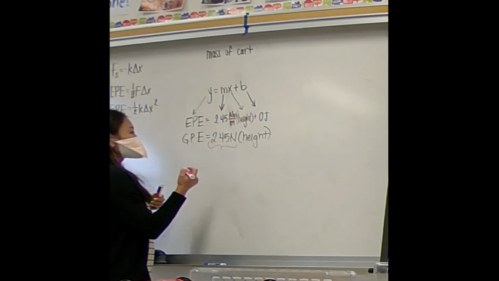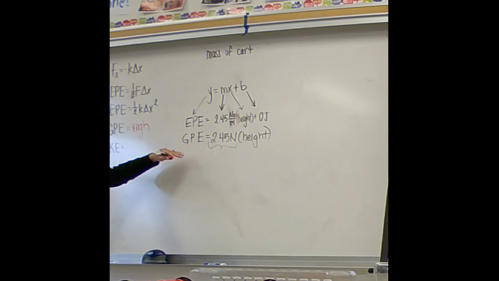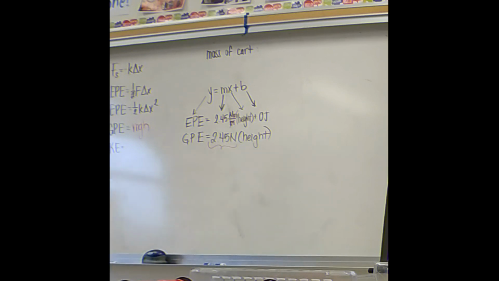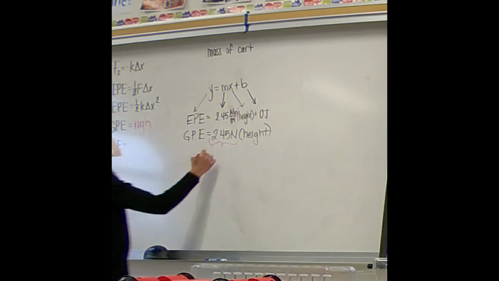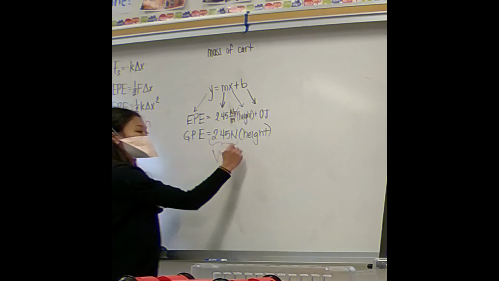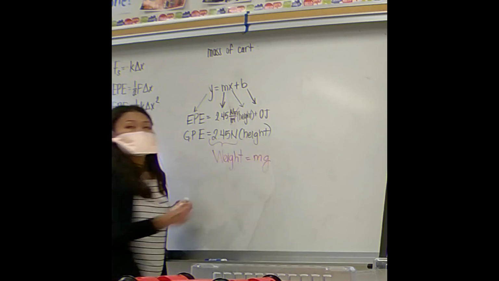So if my equation is mgh, mass times gravity times height, and I have an equation, GPE equals 2.45 newtons times height, what would my 2.45 newtons represent? Theoretically, it's the weight. Weight is represented by force, and weight is equal to mass times gravity.